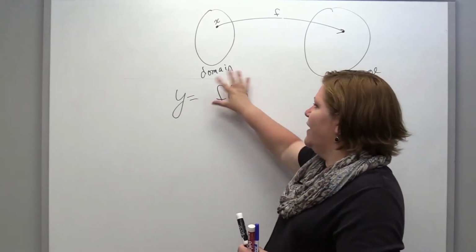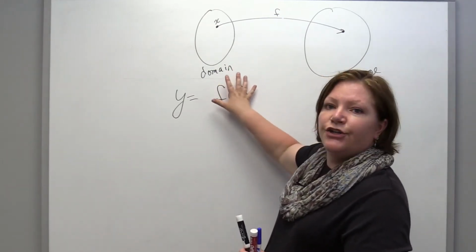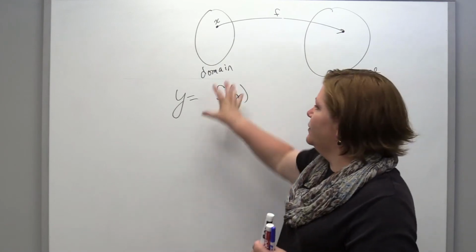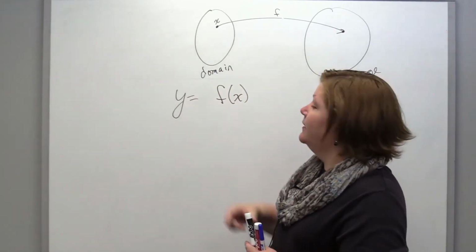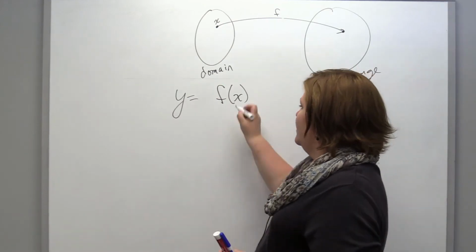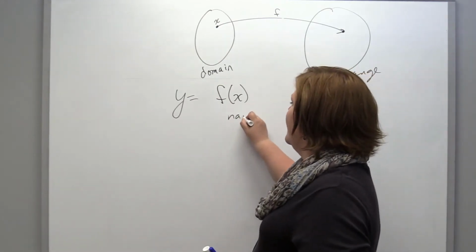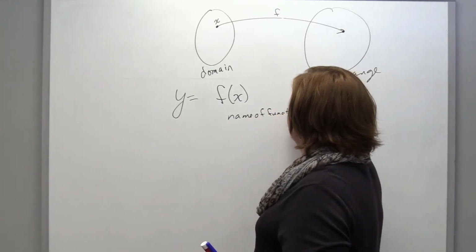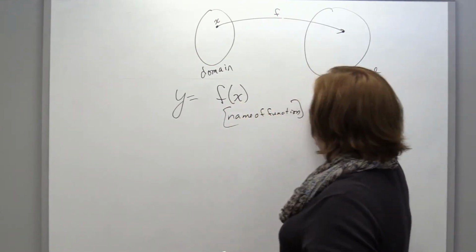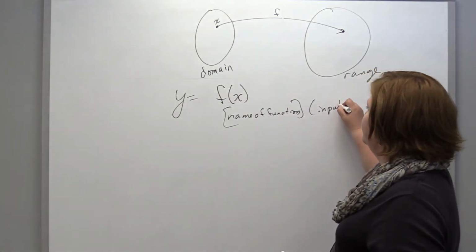Once you know what your x value is, you plug it into your rule or look on the data, your chart, look on the graph, and that tells you what the y value is. And the function notation is always name of function, and then we have the input.